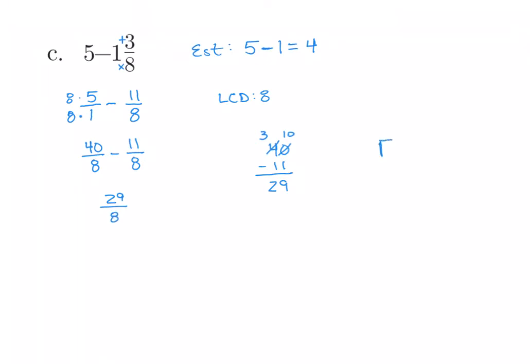This does not simplify any further, so we just need to convert to a mixed number. 8 goes into 29 3 times. 3 times 8 is 24. Subtract, we get 5. And so as a mixed number, this is equal to 3 and 5/8.